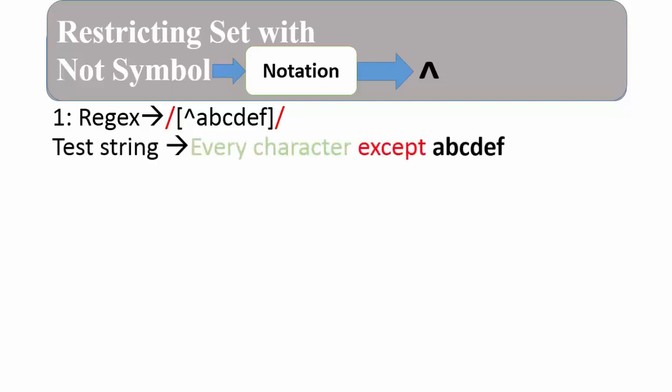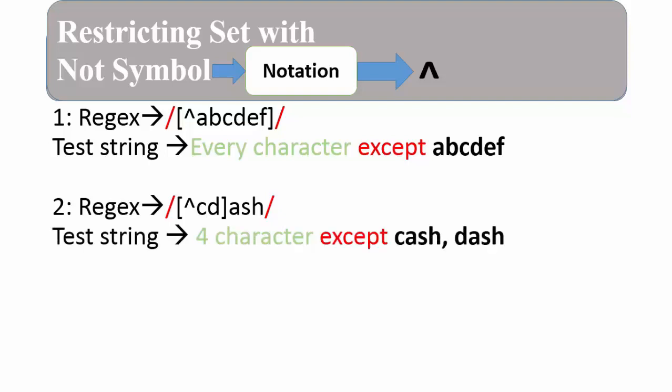So this one will match every character except A, B, C, D, E, F. Now similarly, if you have some regular expression C, D in a character set followed by ASH, this one will match anything other than cash and dash.